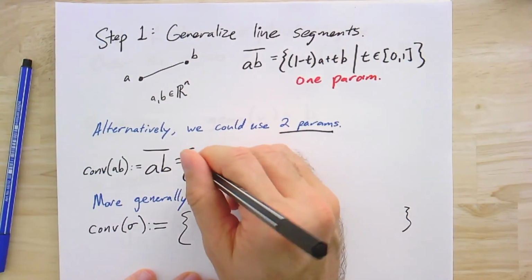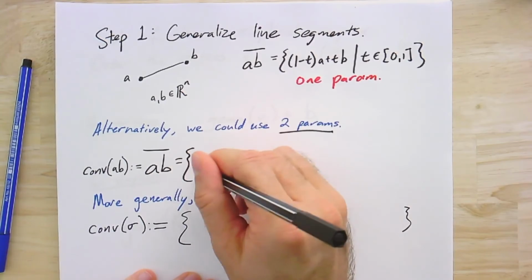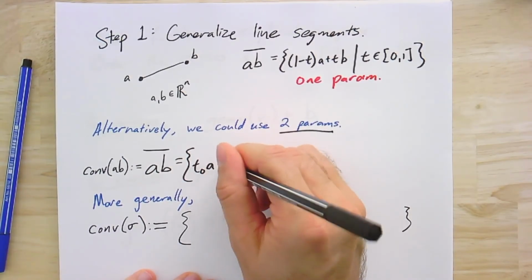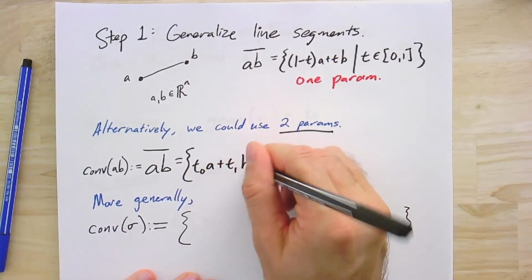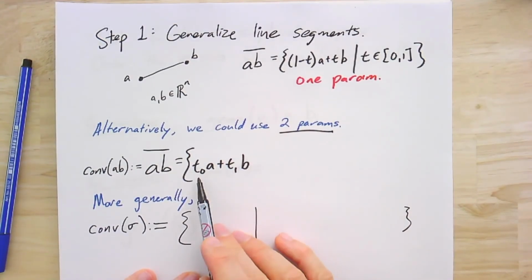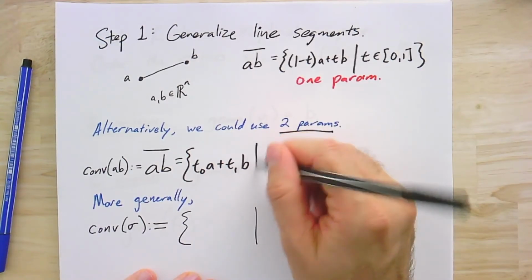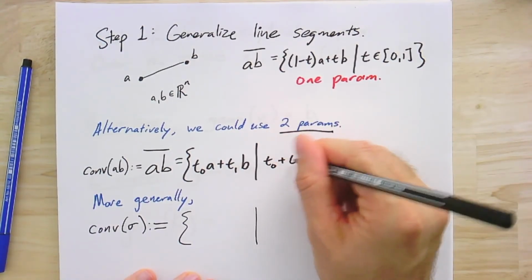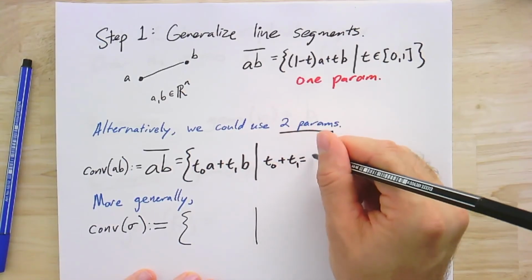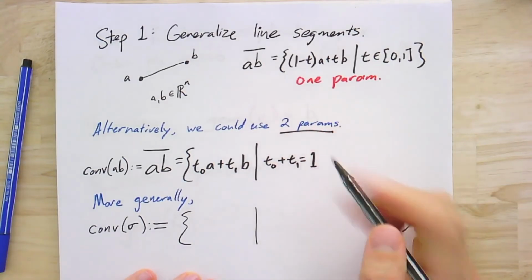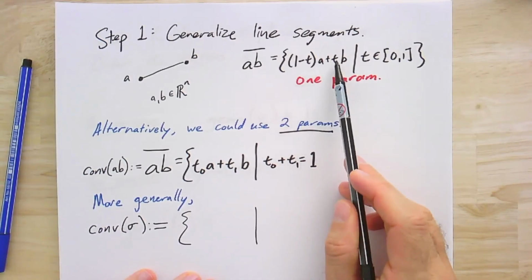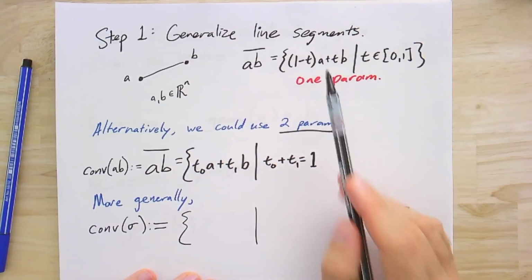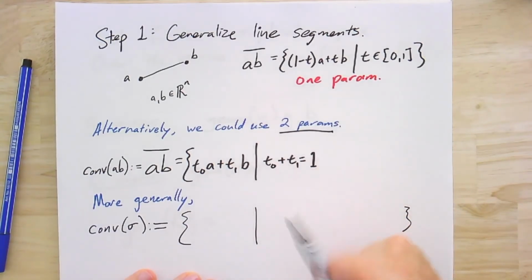It's the set of all points which are of the form T0 A plus T1 B. So right off the bat, you see that there are 2 different parameters here, a T0 and a T1. And the properties that they have to satisfy are as follows. T0 plus T1 have to equal 1. They have to add up to 1, which, if you viewed T0 as 1 minus t and T1 as t, you would see is equivalent.